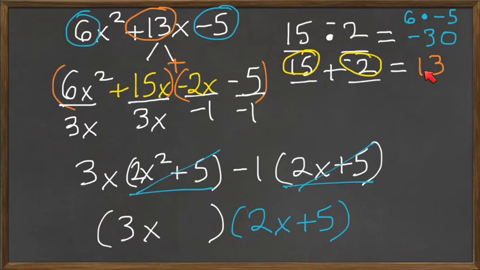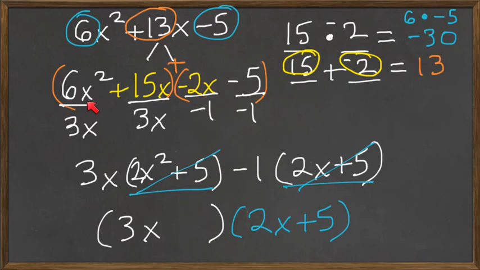And then we have to go ahead and take the middle number, right? The 13. We figure out what multiplies to negative 30, and we got 15 and negative 2, and those also add up to the 13. Then I have to go ahead and break down that 13x. 13x becomes the 15x and the negative 2x.